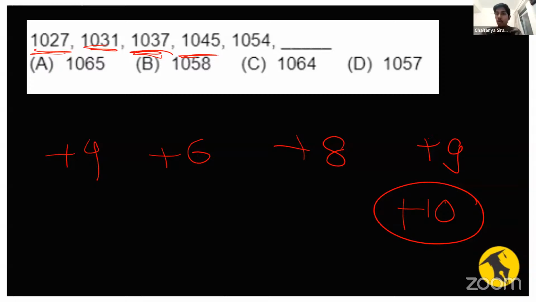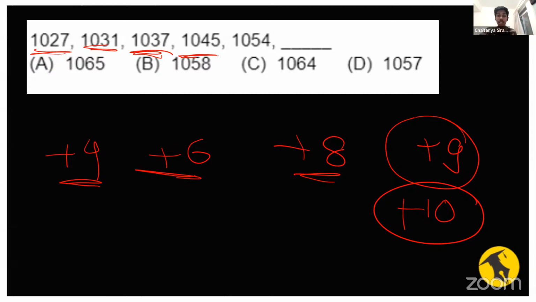So I told you the algorithm at the start of the class: you build a pattern in the first two and then you validate it in the third one. In this case, you build the logic +4, +6, +8. You validated it in the third, but it is not validated in the next term.